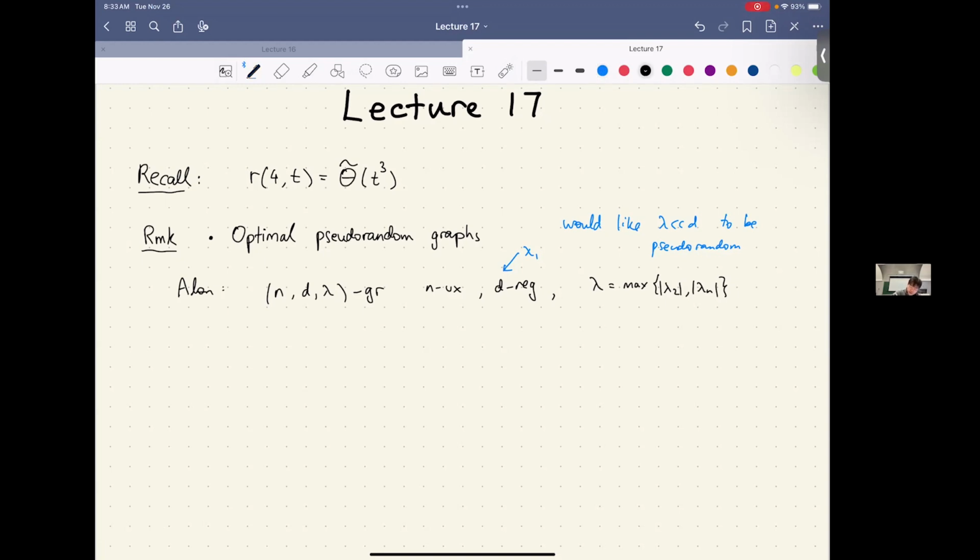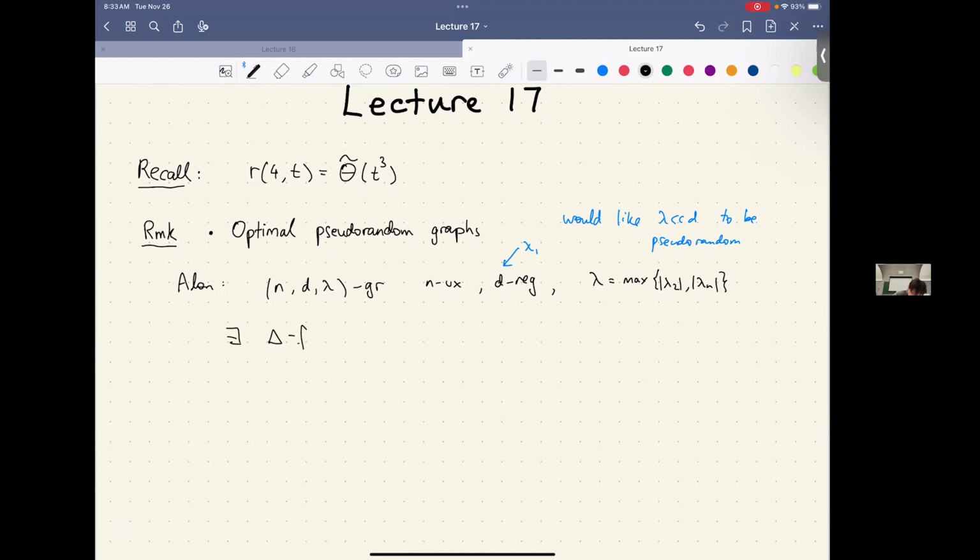So what our proof shows is there exists a dense triangle-free (n, d, lambda) graph, where the density could be as dense as n to the 2/3, and lambda is almost optimal in terms of spectral gap.